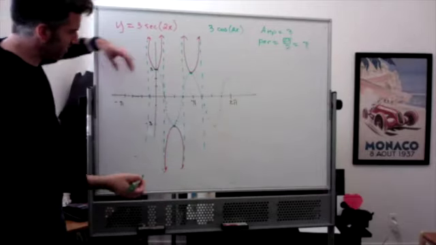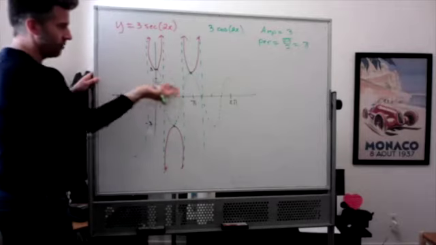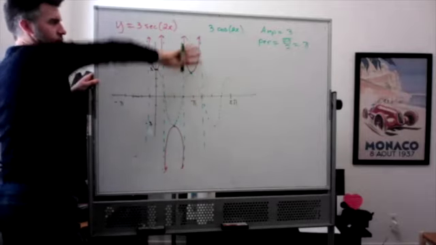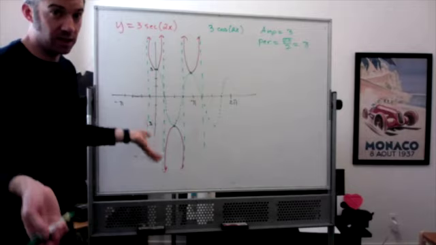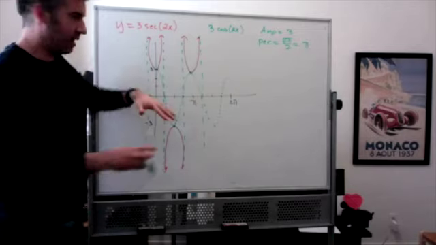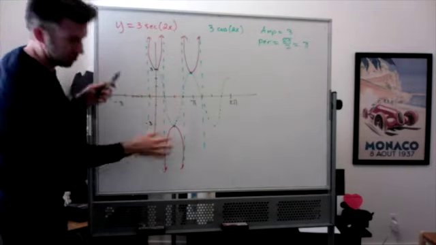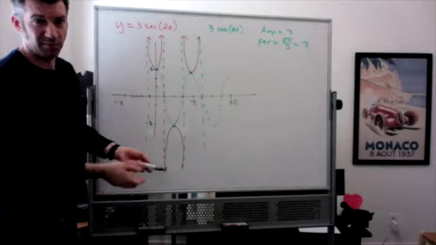Right, and so I've taken those cosine graphs and kind of flipped them away from the x-axis, right? This one, like that. That's really how I think about graphing secant. I think about what the cosine graph looks like, and then take the top parts and flip them up, take the bottom parts and flip them down. It's kind of weird, but it totally works.